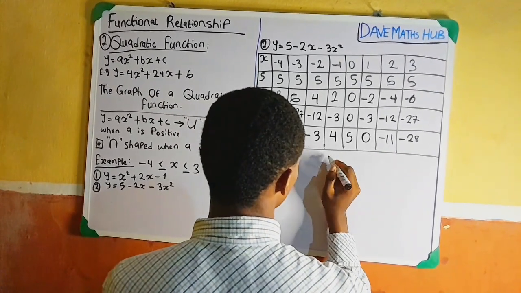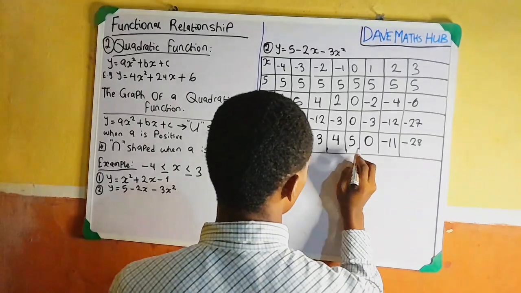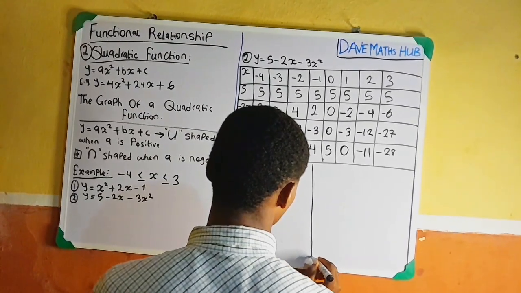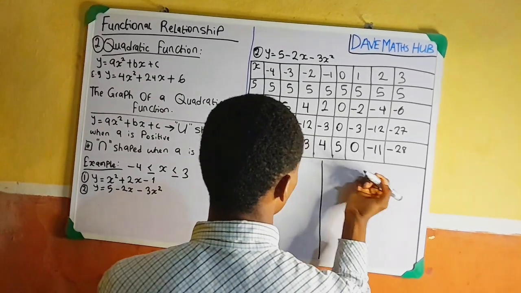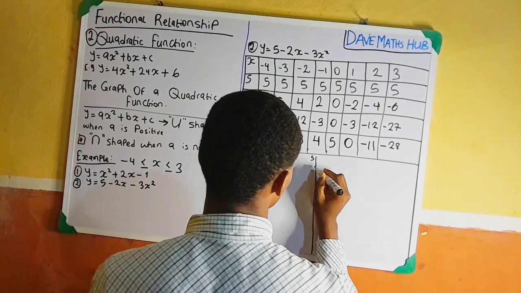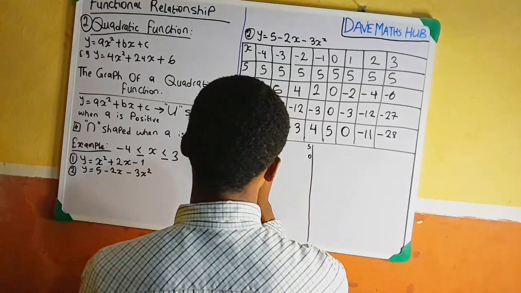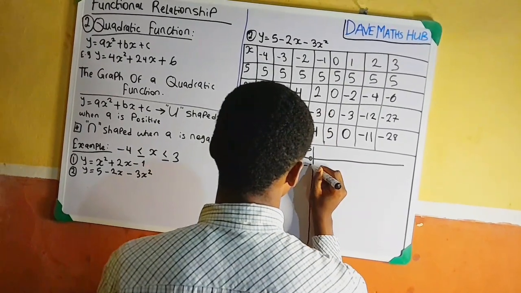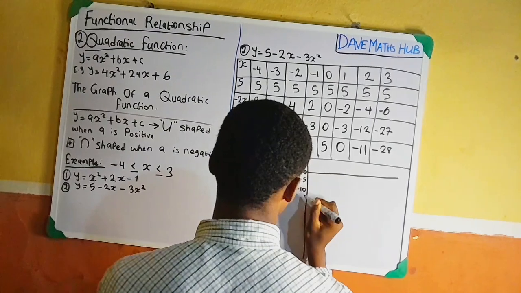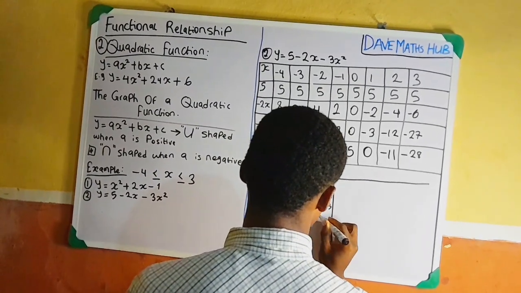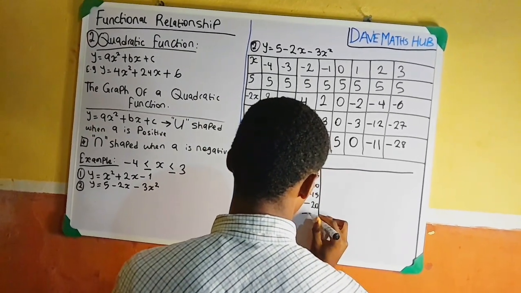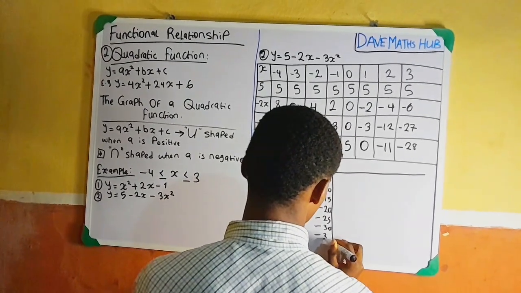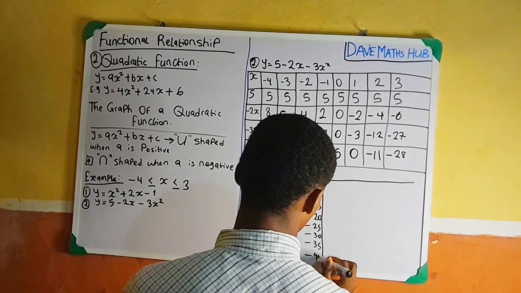So we'll bring this way. And that's the highest positive of 5. So let us go this way. We can go in 5s: 5, 0, minus 5, minus 10, minus 15, minus 20, minus 25, minus 30, minus 35, and minus 40.